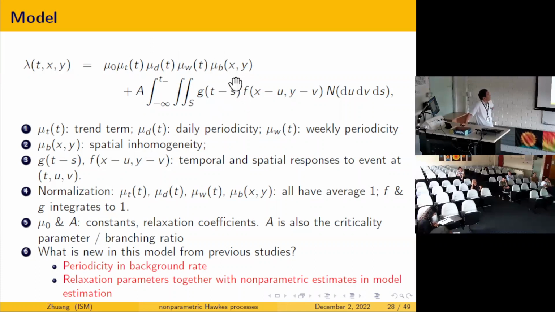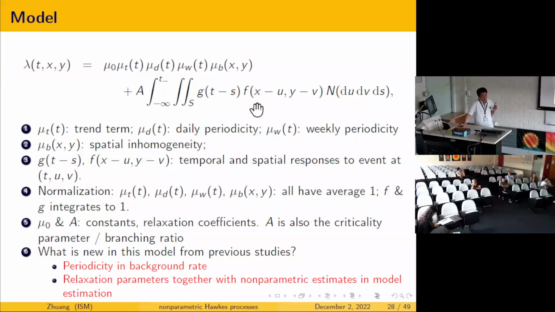To estimate, I also assume some normalization with those kinds of functions. I assume that those components in the background part have to have average 1, and G and F are 2 probability density functions. That means they integrate to 1.